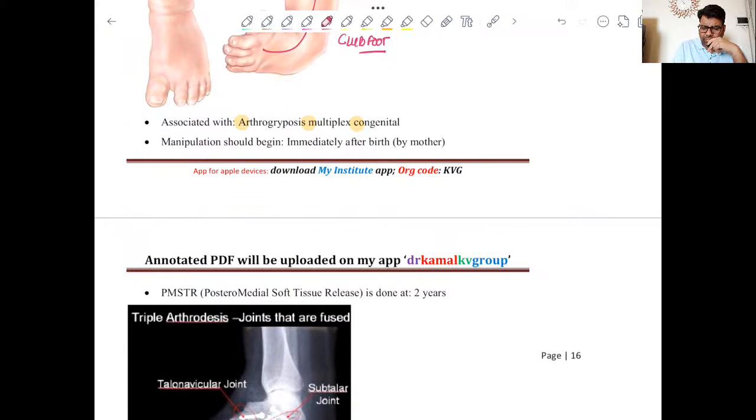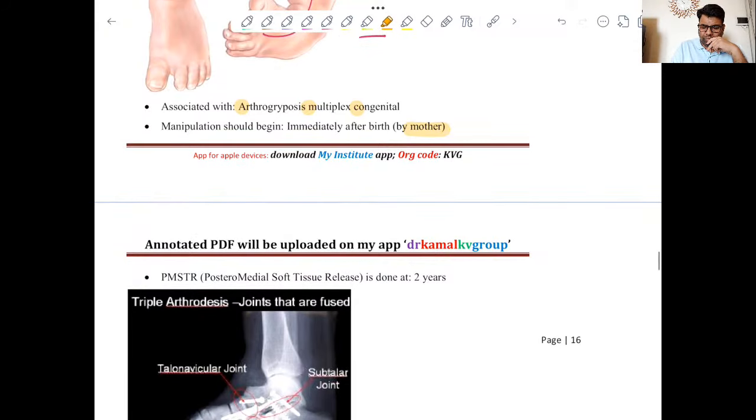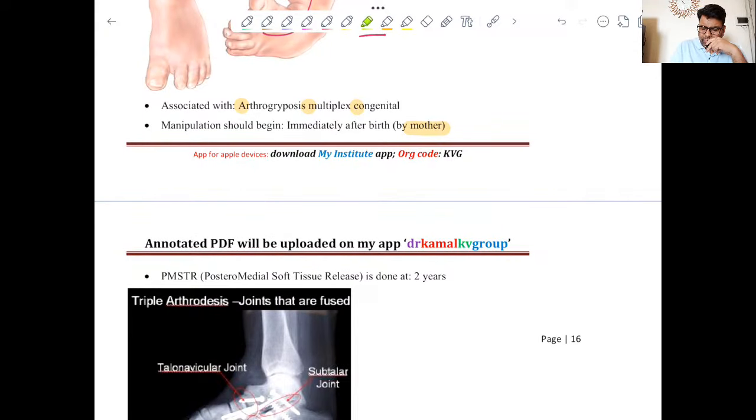So we will tell the mother to manipulate the feet of the baby after every breastfeed, and once the baby is 1 month old, we will call him for serial corrective casting by the Ponseti method.